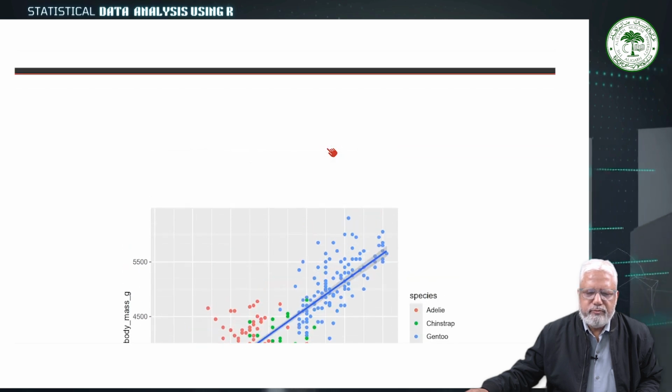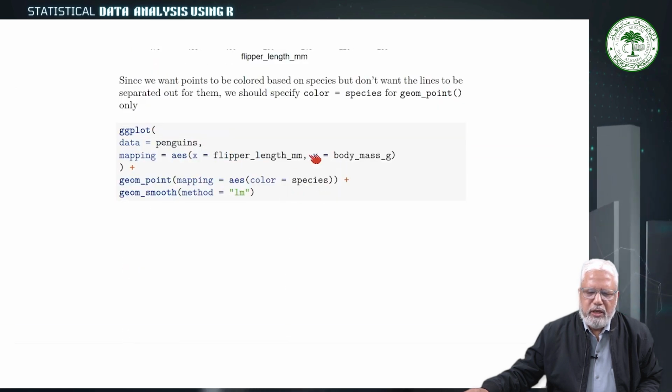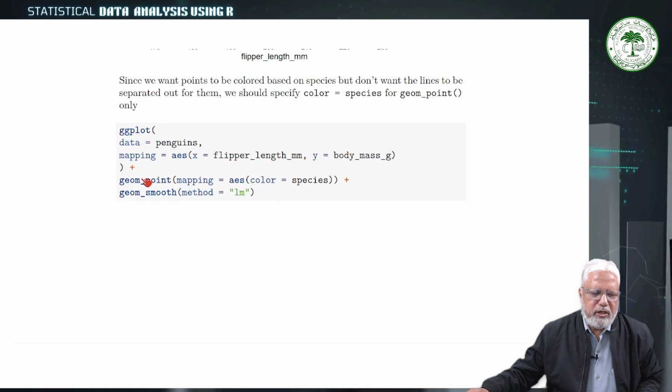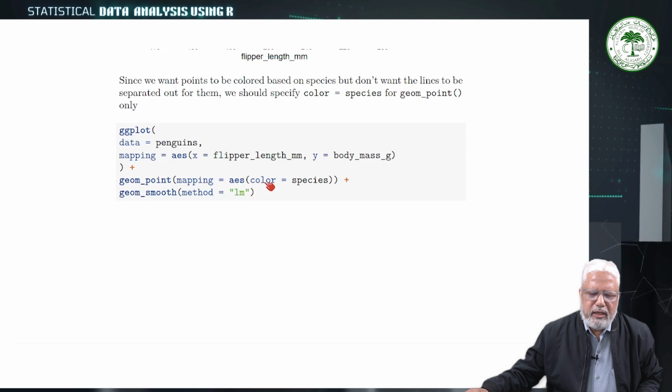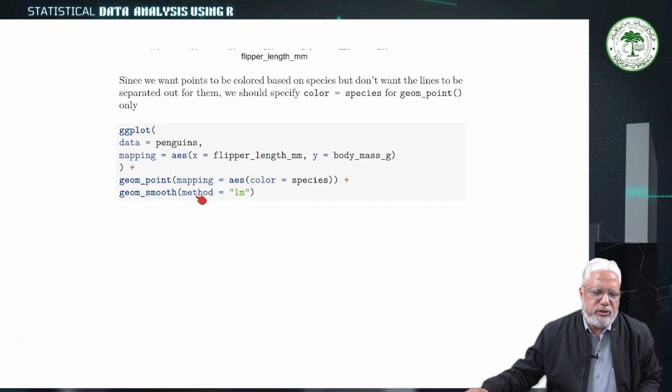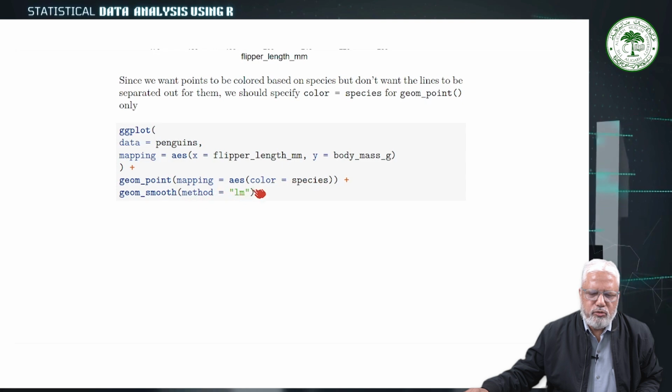Here, see the difference between these commands. Here we have geom_point, within that we have set aes color is equal to species, plus geom_smooth, method is equal to lm.